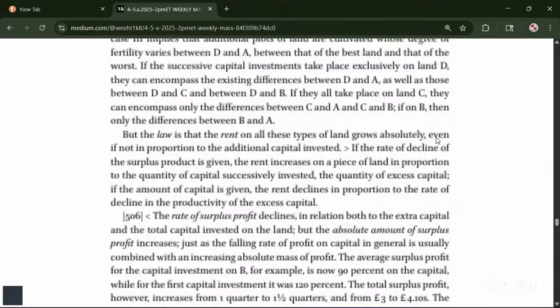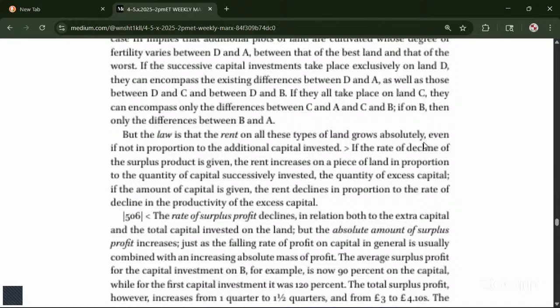Page 506 of the manuscript: the rate of surplus profit declines in relation to both the extra capital and the total capital invested on the land, but the absolute amount of surplus profit increases, just as the falling rate of profit on capital in general is usually combined with an increasing absolute mass of profit.